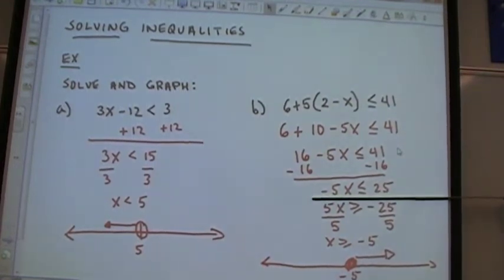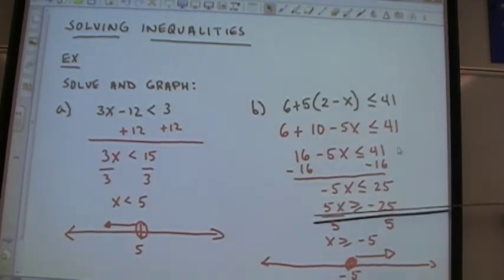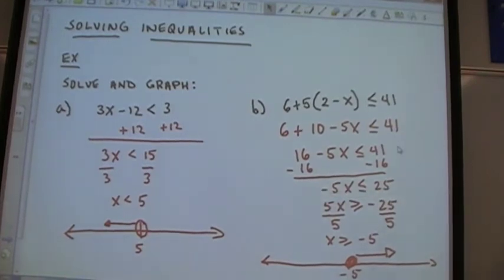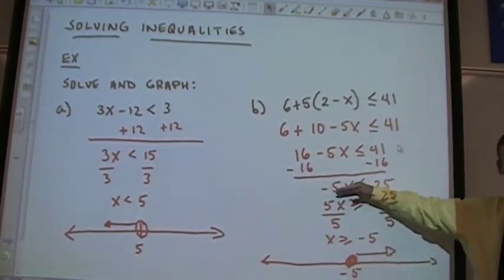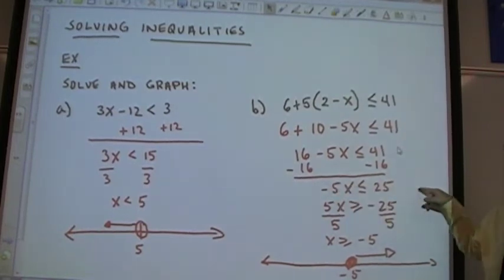Now, some of you may remember when you get a negative coefficient, when you divide by a negative, what must you do to the inequality? Change the sign. The way I've always taught it is once you get to this step, if I have a negative coefficient with a variable, at this step I just go ahead and change all signs.